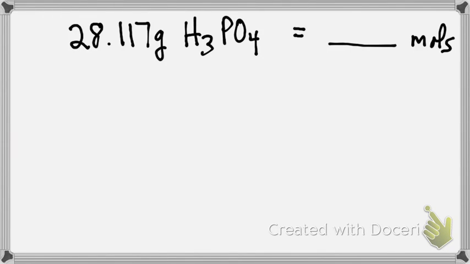So we want to determine the number of moles in 28.117 grams of phosphoric acid. So we want to start with what we know. We have 28.117 grams of phosphoric acid.